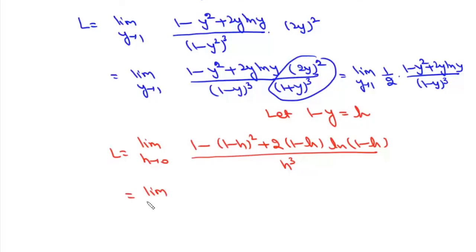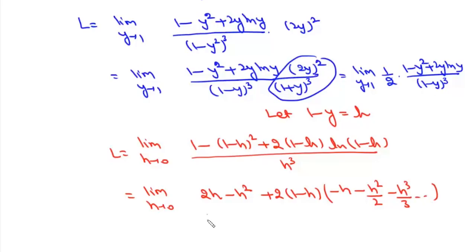Now this is limit h tends to 0. Now here 1 and 1 will cancel, so we'll get this as 2h minus h square plus 2 into 1 minus h, and we'll use expansion for log 1 minus h. So it will be this minus h square upon 2 minus h cube upon 3, upon h cube.